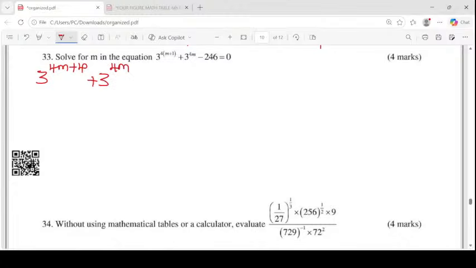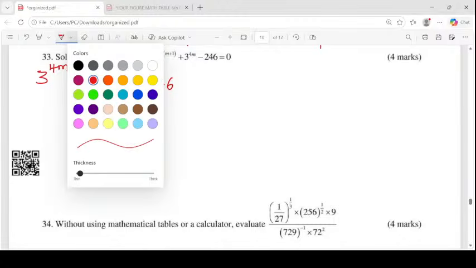Then what about 246? You cannot express 246 to base 3. What we do is take it over to the right, and this will become 246.